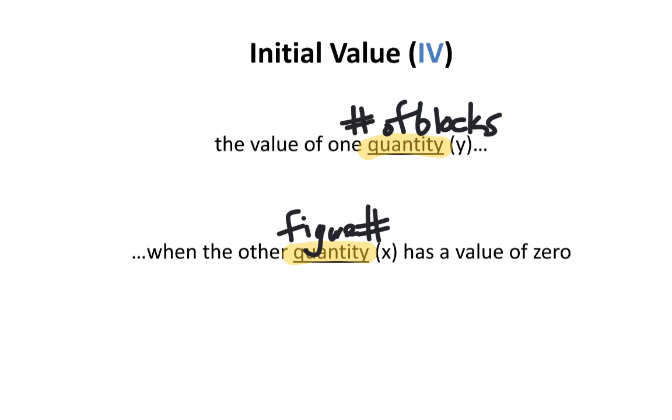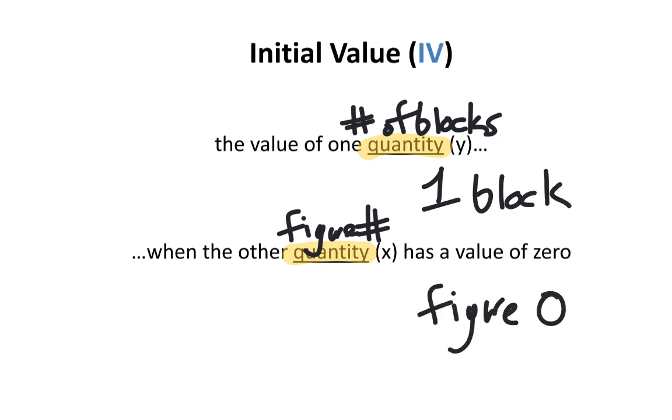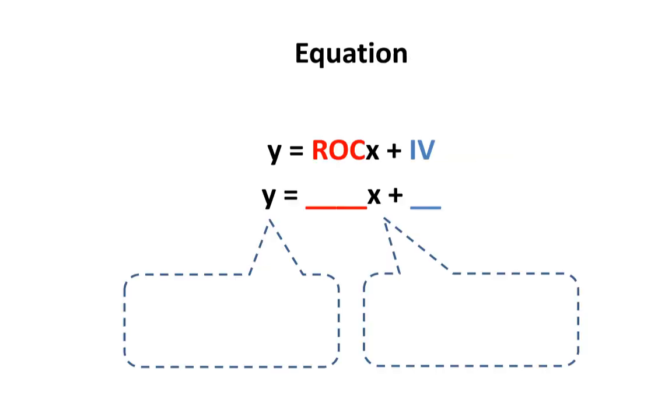Linking this back to what we just discovered, there is 1 block in Figure 0. Therefore, 1 block is actually the initial value. And we'll be talking about these variables of y and x in just a minute.